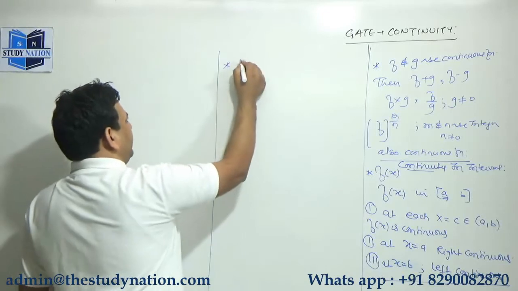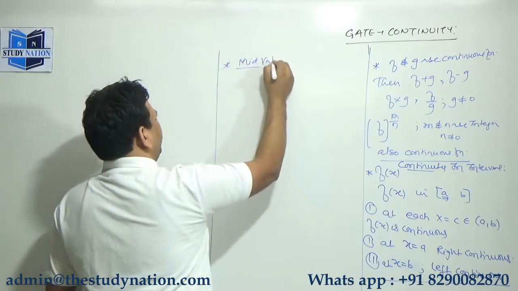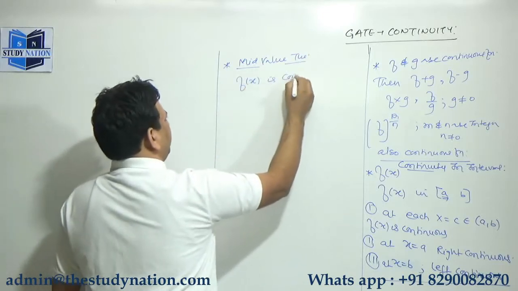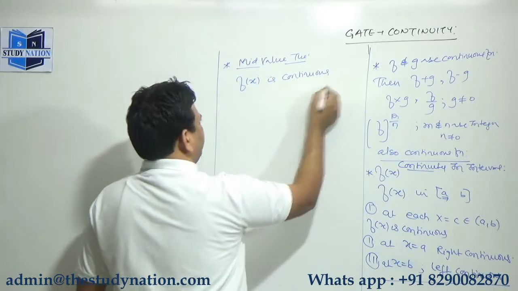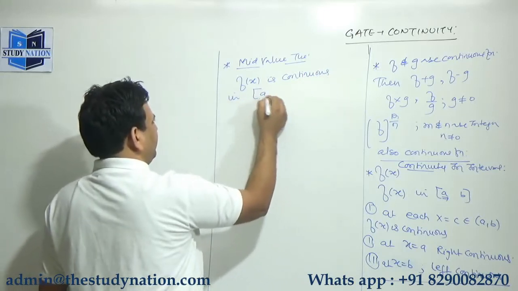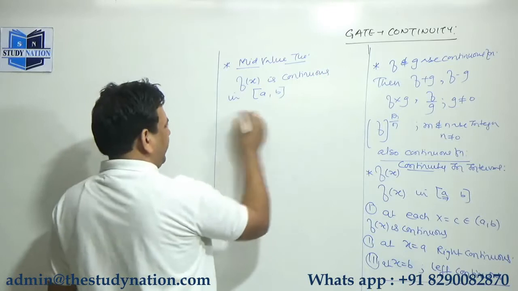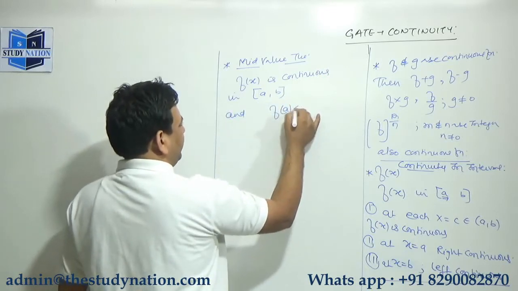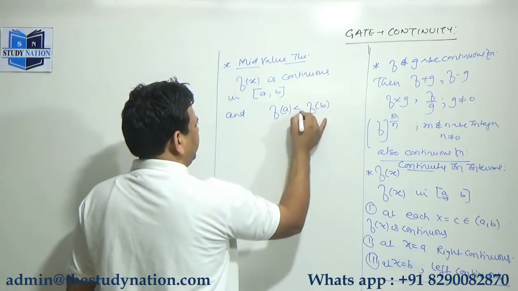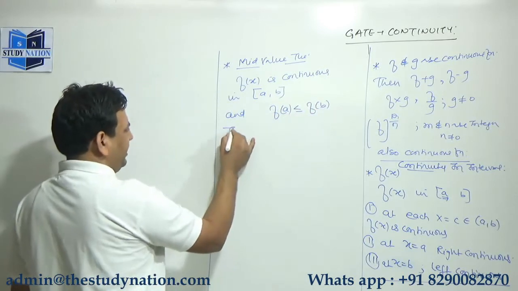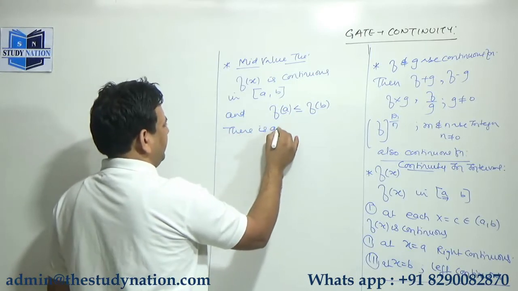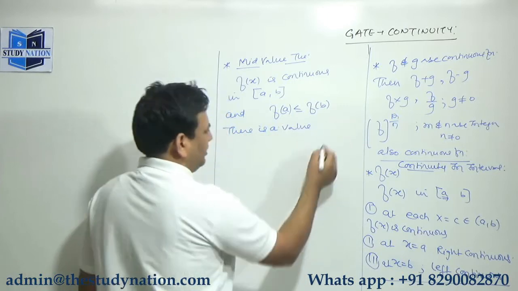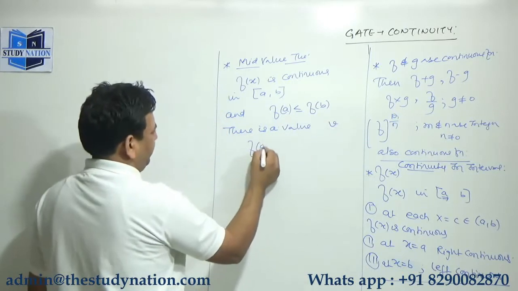So now another theorem is the mid value theorem. Suppose f(x) is continuous in [a, b] and f(a) is less than f(b), and I am saying there is a value v.